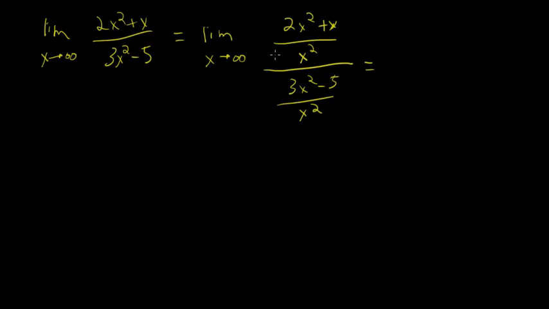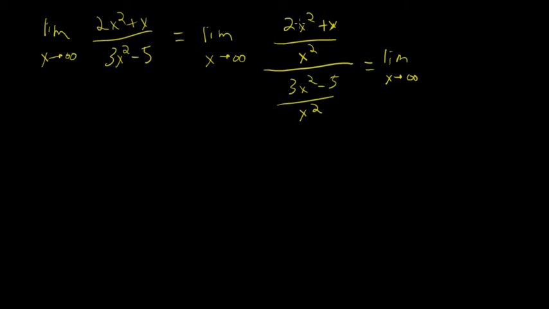And remember, as long as what you're doing to the numerator, you're doing the same thing to the denominator, you are okay, because we're basically multiplying and dividing by x squared, and that's the same thing as multiplying by 1. So you haven't really changed the number. We're just putting it in a form that'll help us evaluate the limit.